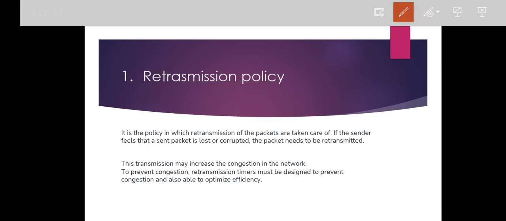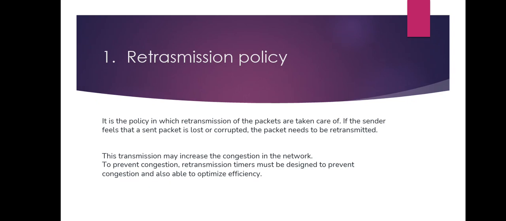First is the transmission policy. It is a policy in which the transmission of data packets is taken care of. If a sender feels that packets are lost or corrupted, the sender retransmits those packets in the network. The sender sends the packet to the receiver side, and if the sender feels that because of some problem the packets were not received successfully, it will resend those packets. Because of this there is a chance of creating congestion.